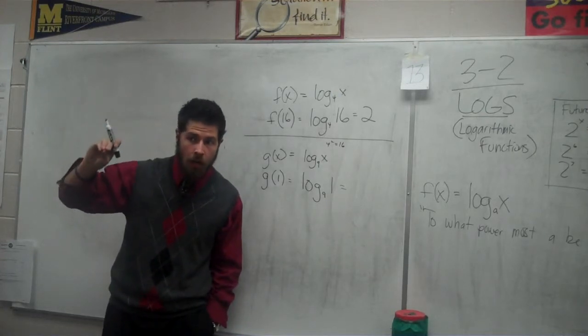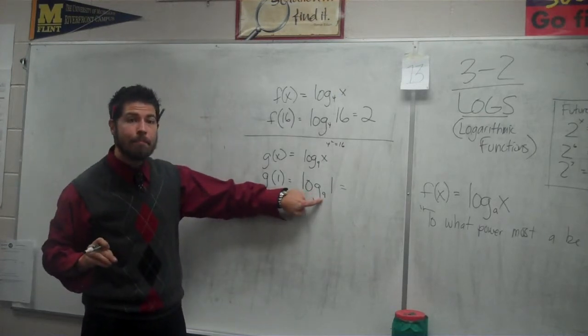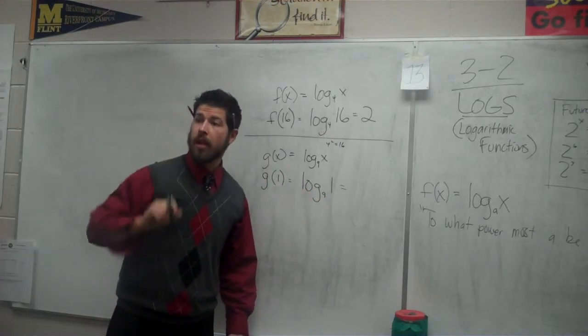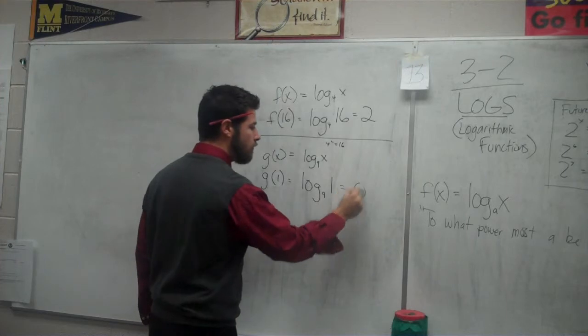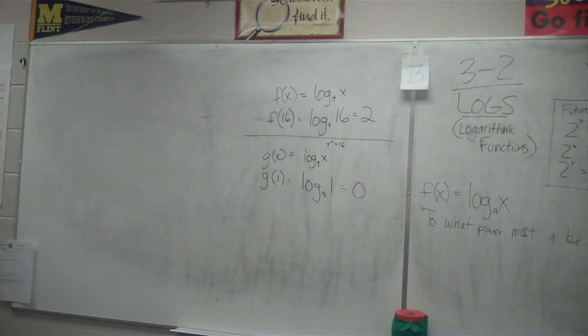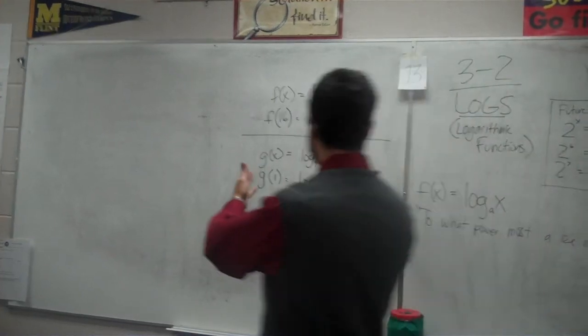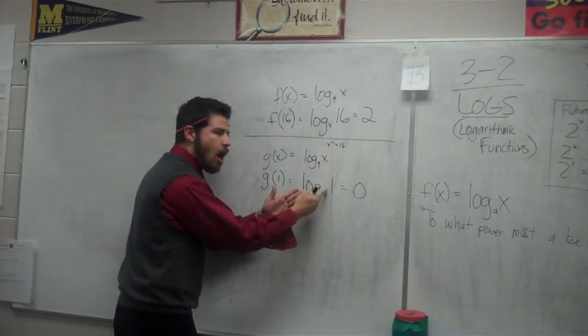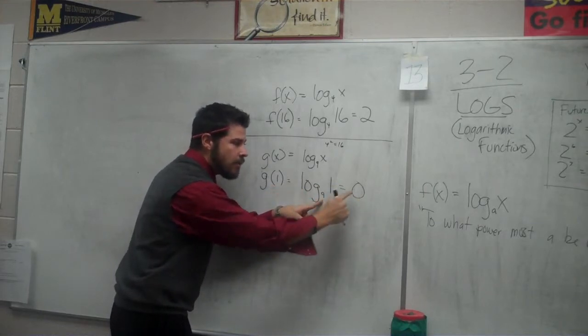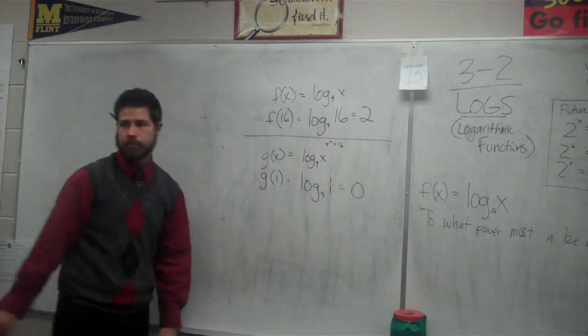To what power must the base 9 be raised to obtain 1? 0 is right. Why? Because 9 to the 0 power is 1. Anything to the 0 power is 1. So whenever I have a log of any base of 1, it's going to be equal to 0 because any base to the 0 power is equal to 1.